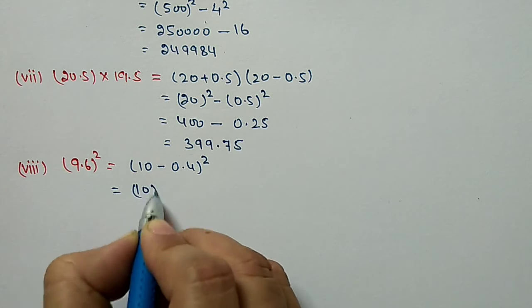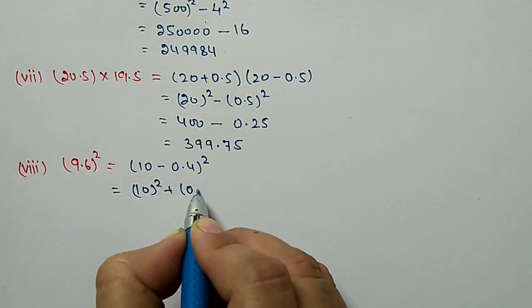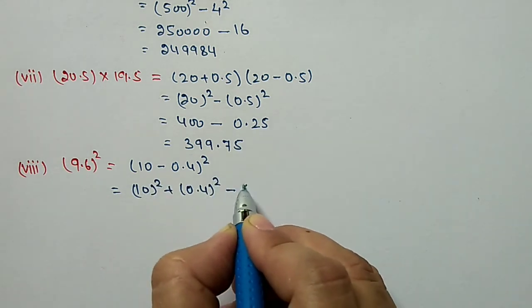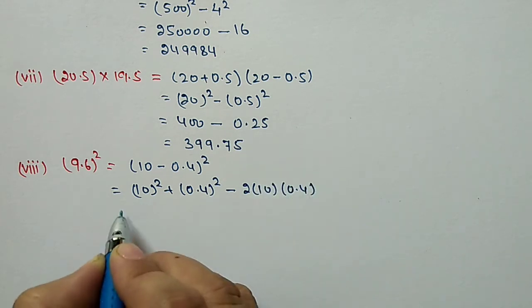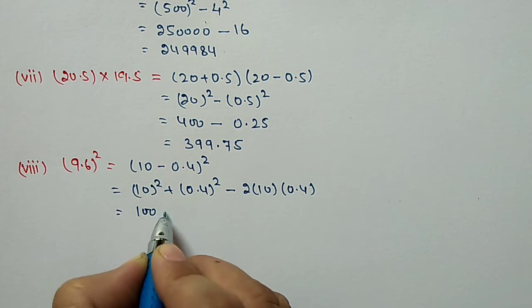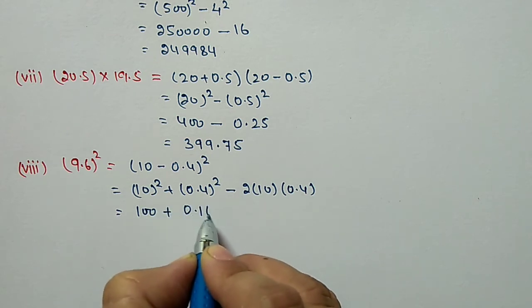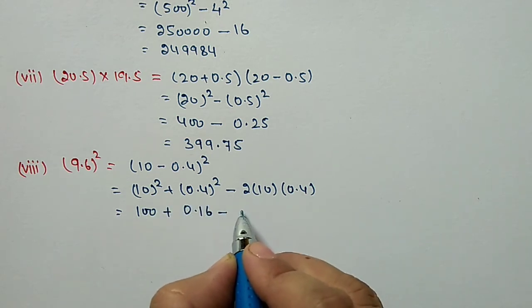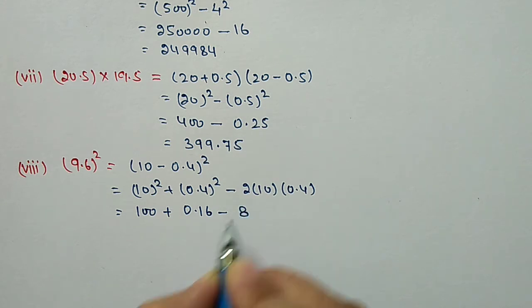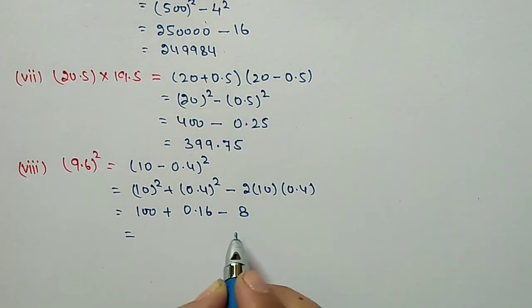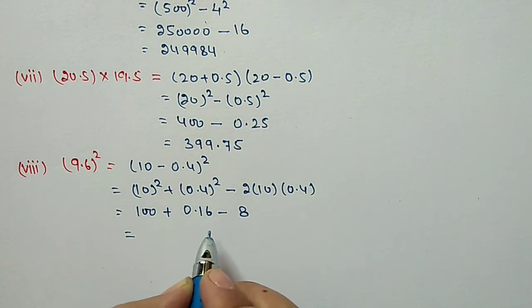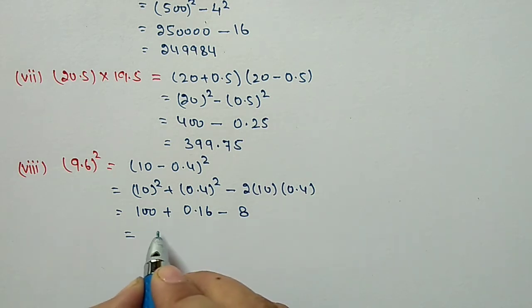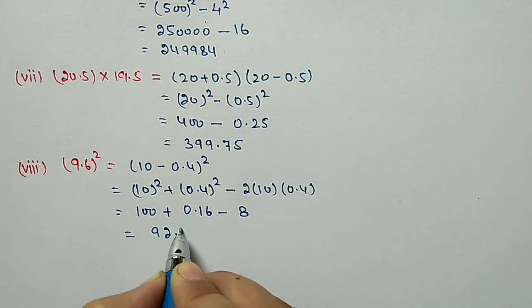So a square plus b square minus 2ab. 10 square will be 100, then 0.16 minus 8. Then these three numbers you have to simplify. You will get 100 minus 8 is 92, and then 0.16, so 92.16.